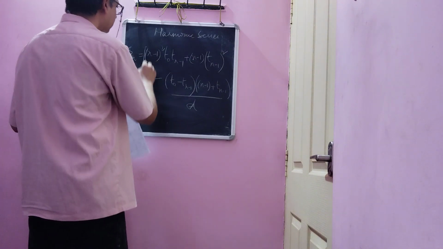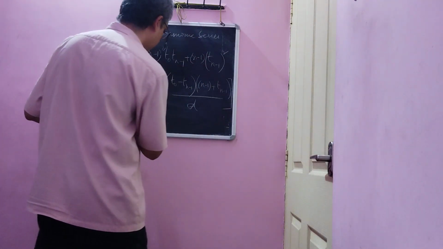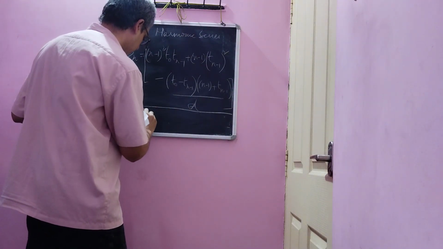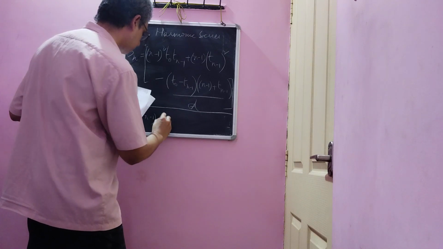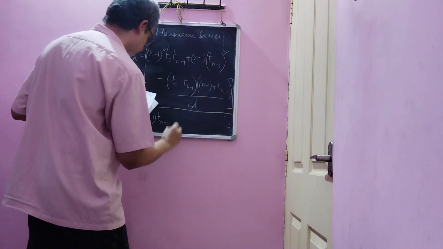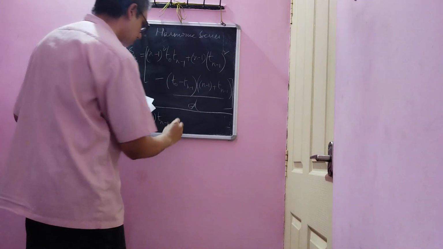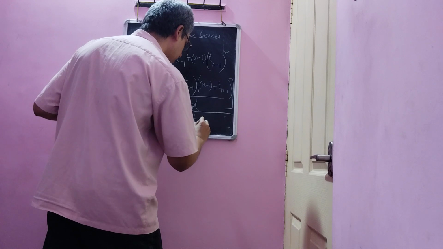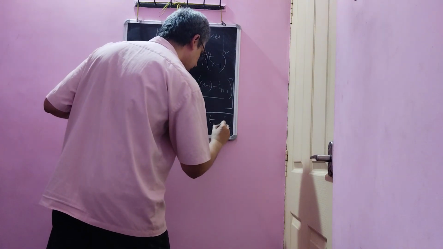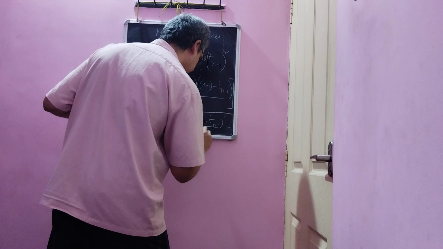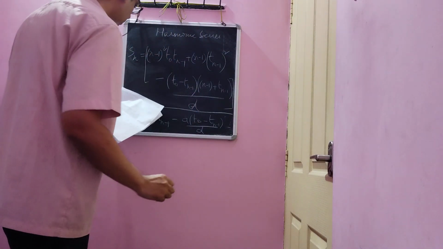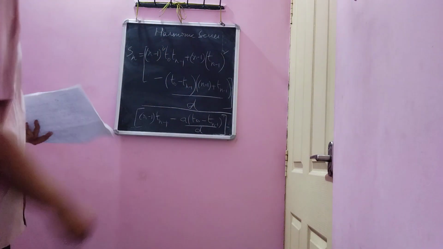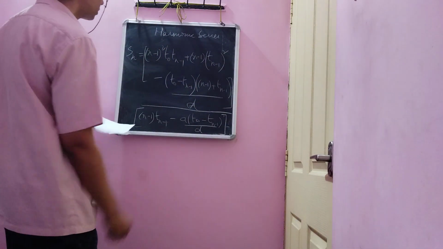This is in the numerator. Whole thing divided by (n minus 1) Tn minus 1 minus a times (T0 minus Tn minus 1) by d. This is in the denominator. This is T0.